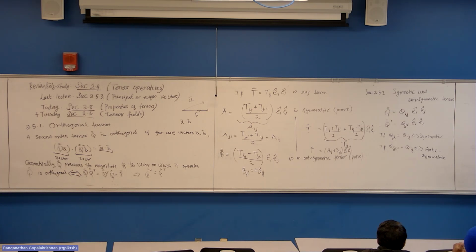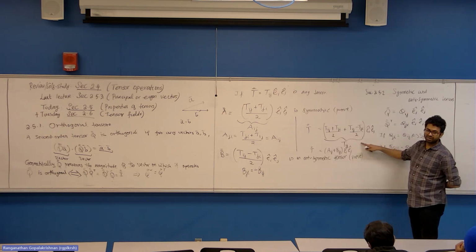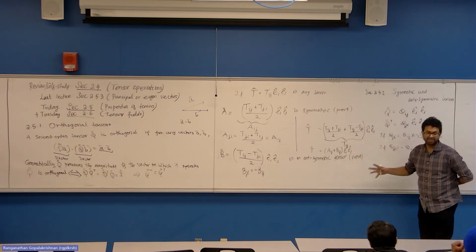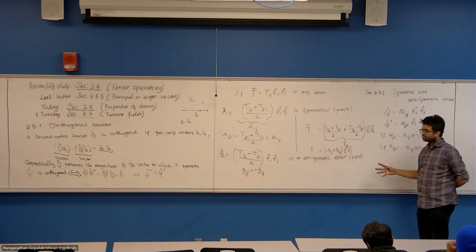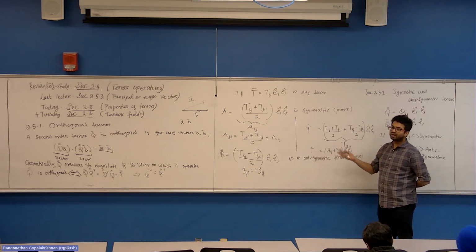Any tensor can be expressed as the sum of a symmetric tensor and an antisymmetric tensor.